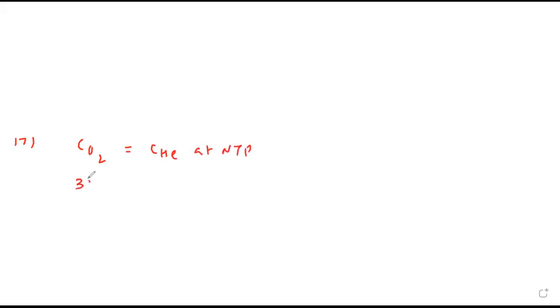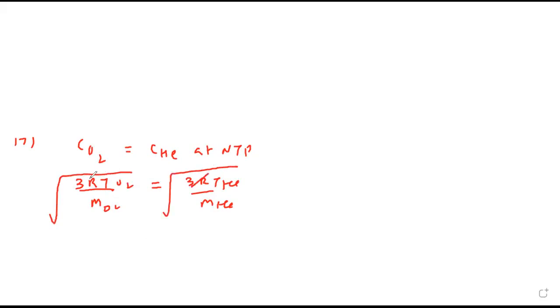Okay, this is 3RT upon molecular weight. 3RT upon molecular weight. Helium, helium, oxygen, oxygen. 3R cancel. Temperature of oxygen you want, molecular weight is 32. Helium is 4, molecular weight 4, and NTP temperature 273 Kelvin.